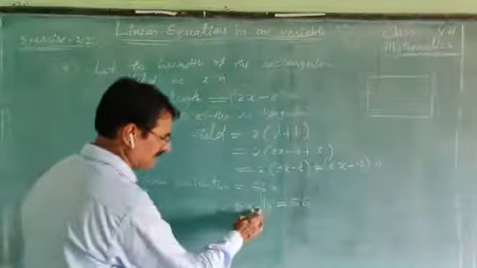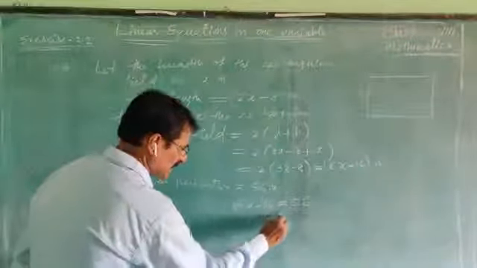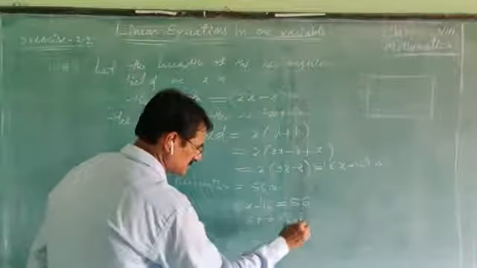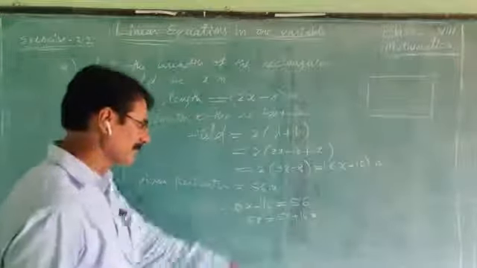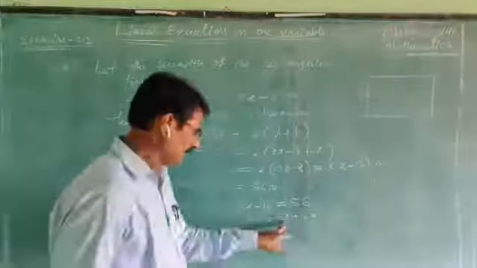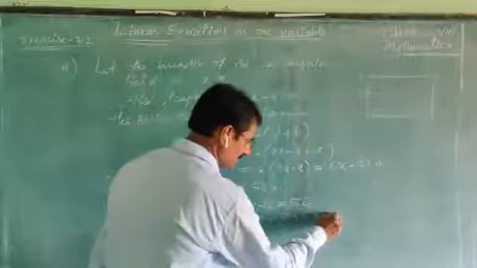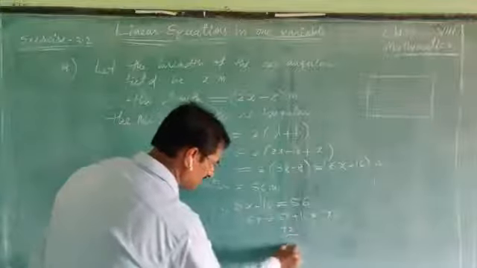First send this minus 16 to that side, it will become plus 16. 6x equal to 56 plus 16. Find the sum: 6 plus 6, 12. 5 plus 1, 6, plus 1, 7. 72. Then x equal to 72 by 6.